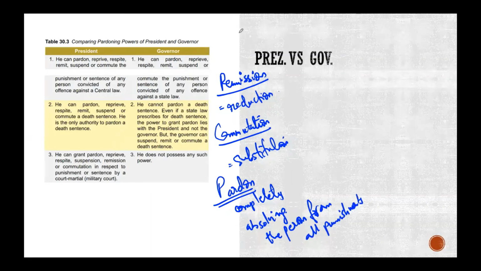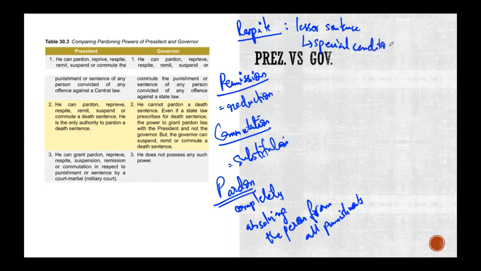What about respite? Reduction of punishment in case of special conditions. Perfect. Lesser sentence, but special conditions. And what are the special conditions that we talked about yesterday? We discussed that if it is due to a physical disability, like you said, or if it's a pregnancy, something along those lines, right?